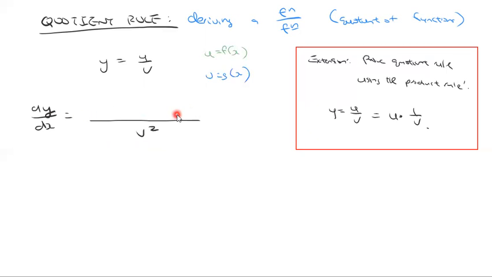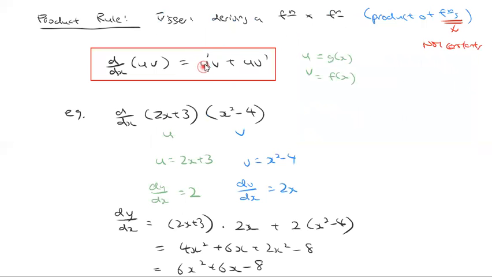Now the numerator will look very similar to your product rule, but it's not the same. And unlike the product rule, you do need to pay attention to the order. While it is like the product rule, where you've got one derived times the other, and then derive the other one times the other one, so you swap around, the reason why order matters is that it's not plus, but it's minus.